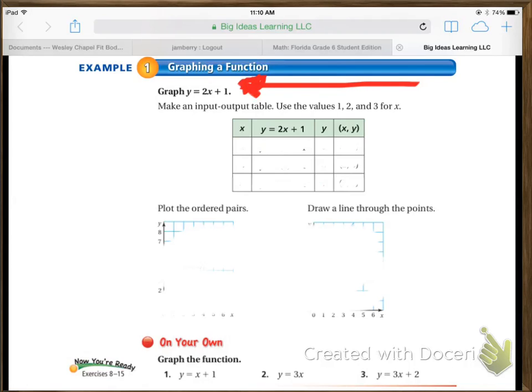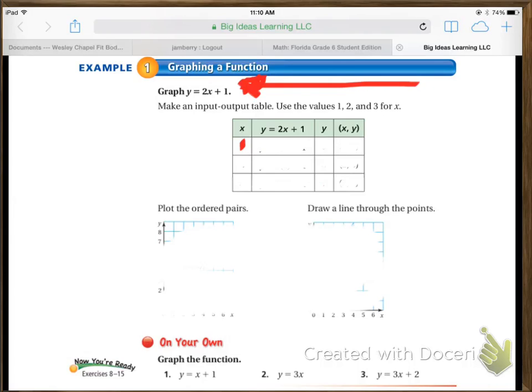In the directions it says make an input-output table, and it tells you what values to use, 1, 2, and 3 for x. Now, I mentioned in class you can choose any numbers you want. I typically choose 0, 1, and 2 because to me they are definitely the easiest, but 1, 2, and 3 will also work.